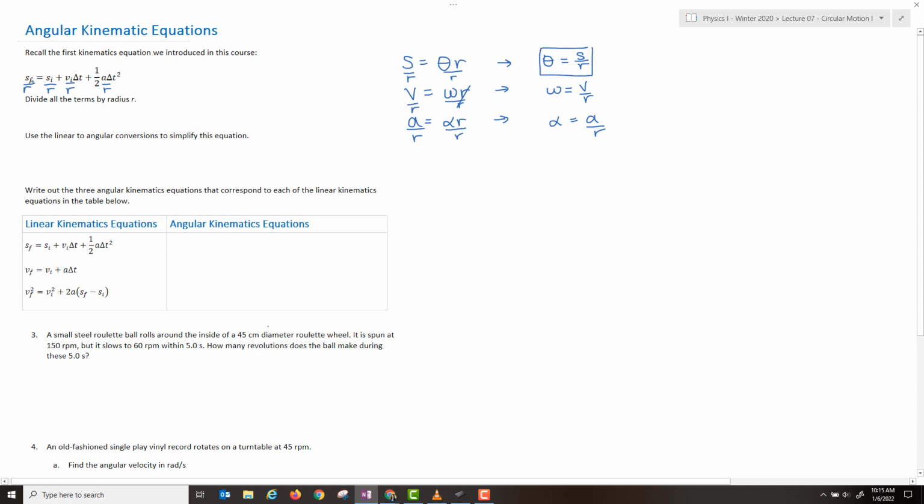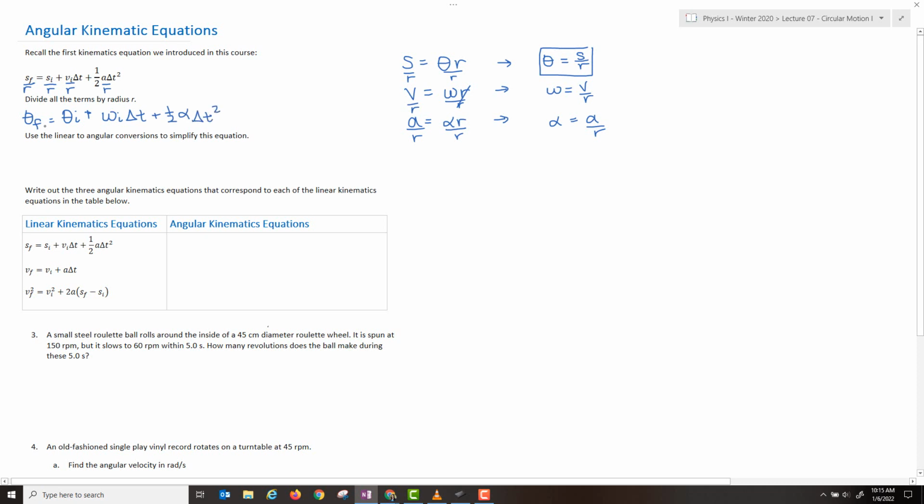So since it has a subscript of F, I'm going to write that as theta F equals S initial over R, then that would be my theta initial, plus V initial over R, that's my omega initial, delta T plus 1/2 A over R, which is alpha, delta T squared.